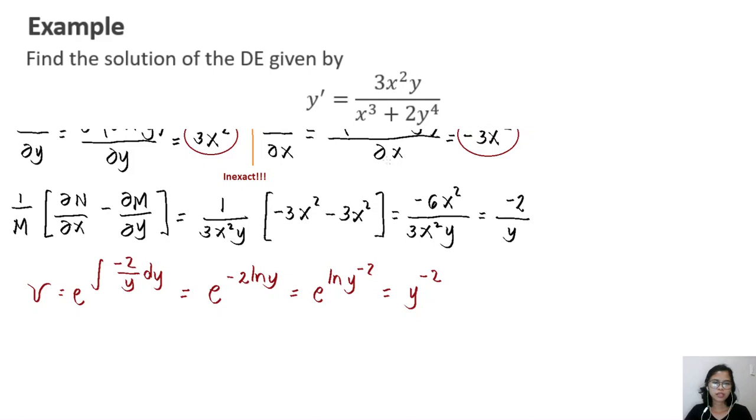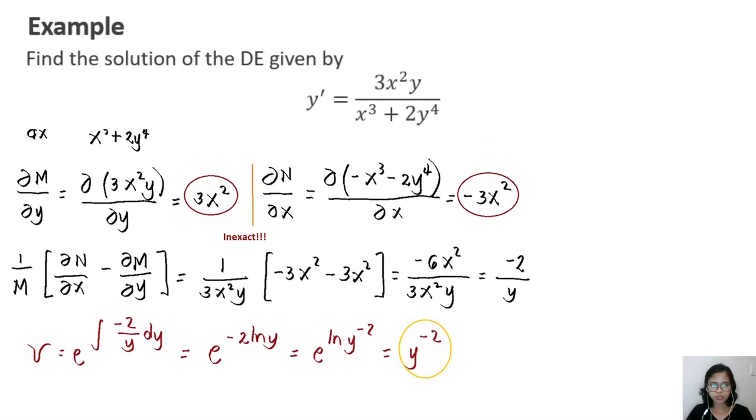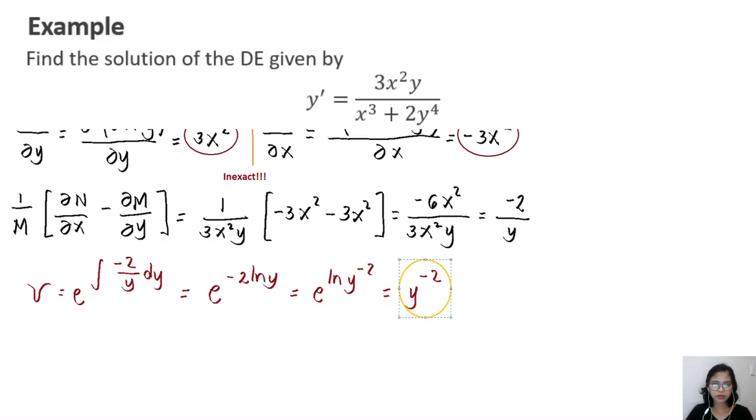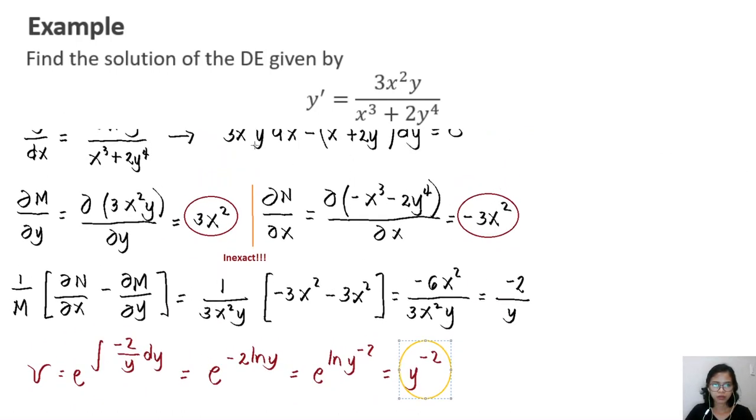Therefore, this is the one that you are going to multiply to the original inexact differential equation, which is this one, to make that exact. Okay?